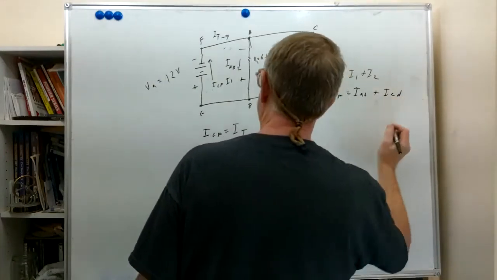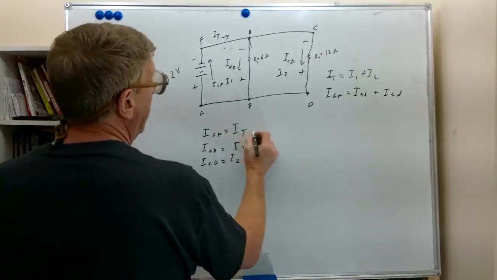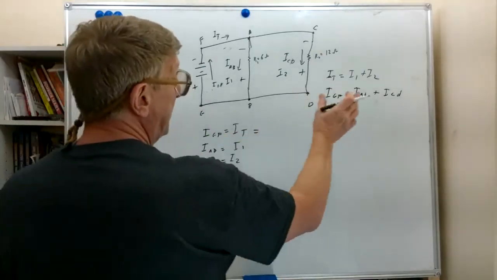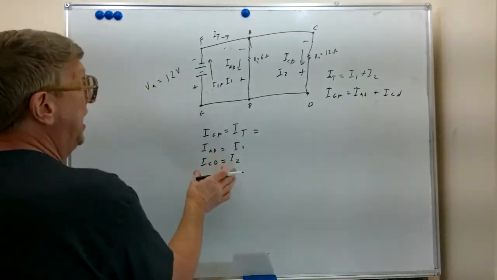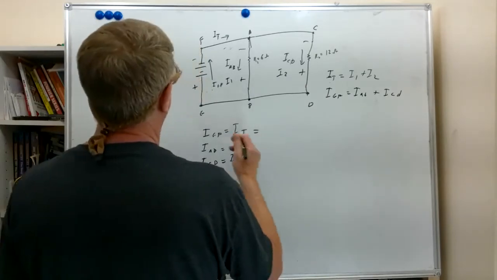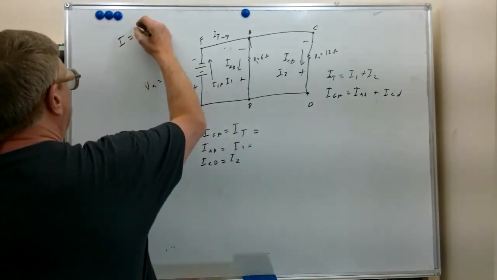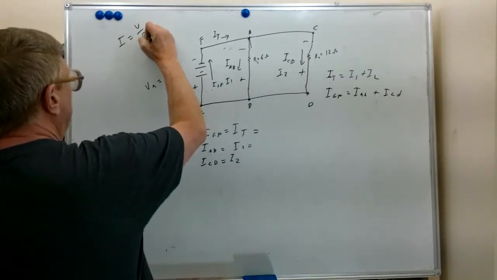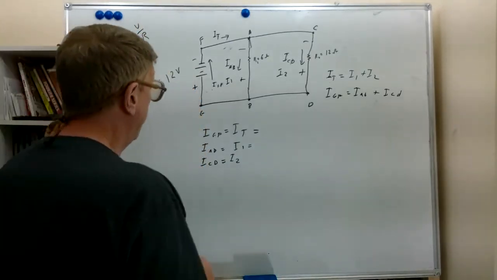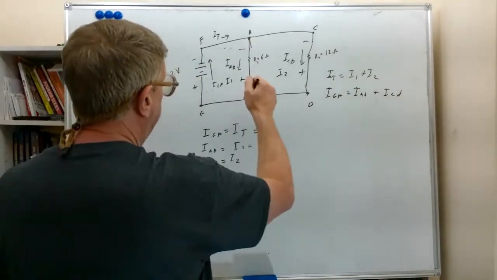Now let's calculate each of these. IE equals, well, we're going to calculate that with the total, so let's calculate IAB and ICD first. IAB is equal to, we'll put our current formula up here, which is voltage over resistance. That's our Ohm's law formula. And what we have here is IA to B, right here.